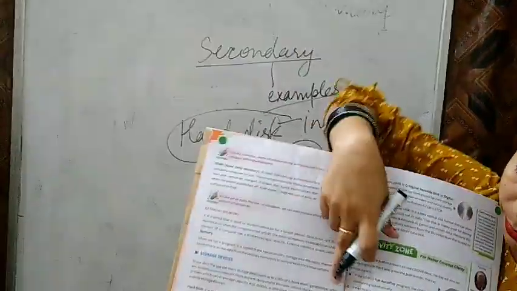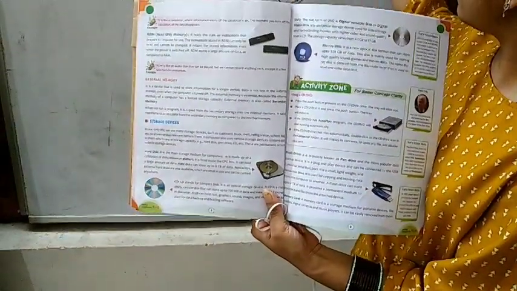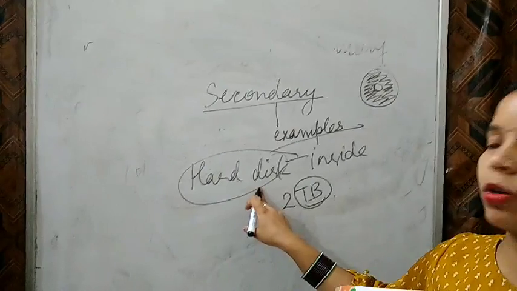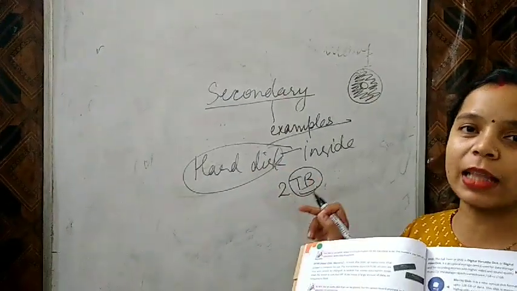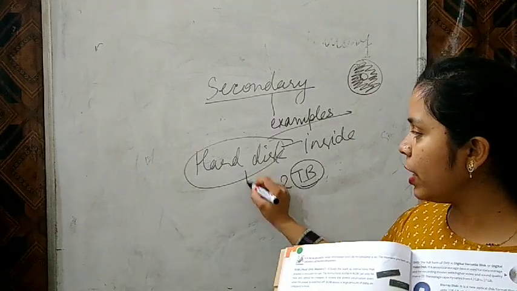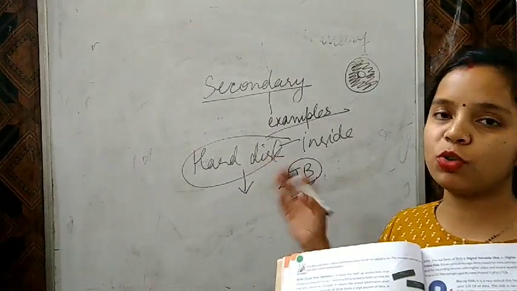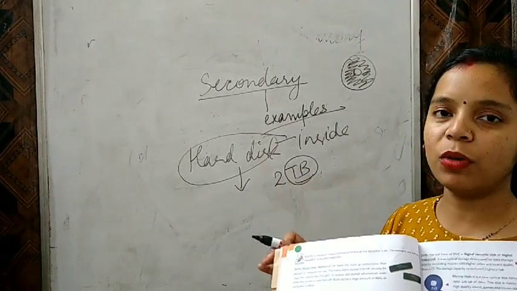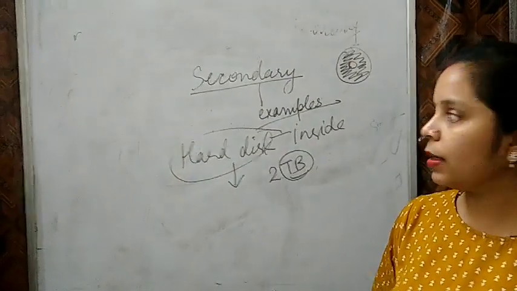It has a metal plate, and on this metal plate all the data is stored. This is the main storage part of the computer. Most computers use a hard disk for storing data. And nowadays you can also carry the hard disk from one place to another. But before, the hard disk was present only inside the CPU.